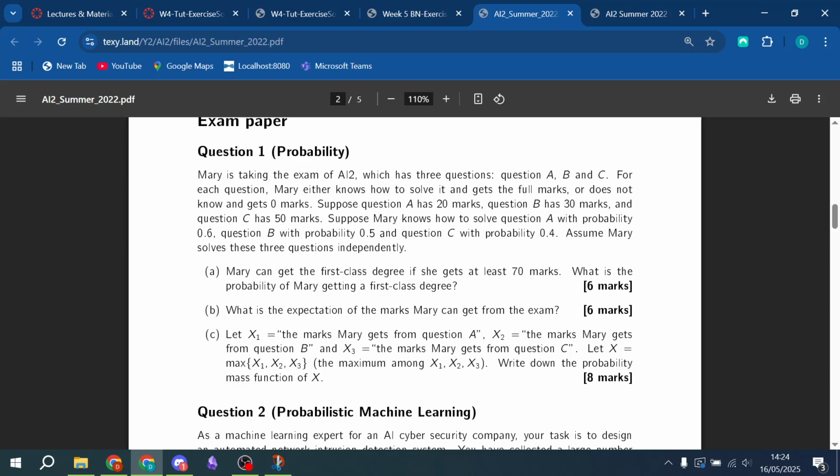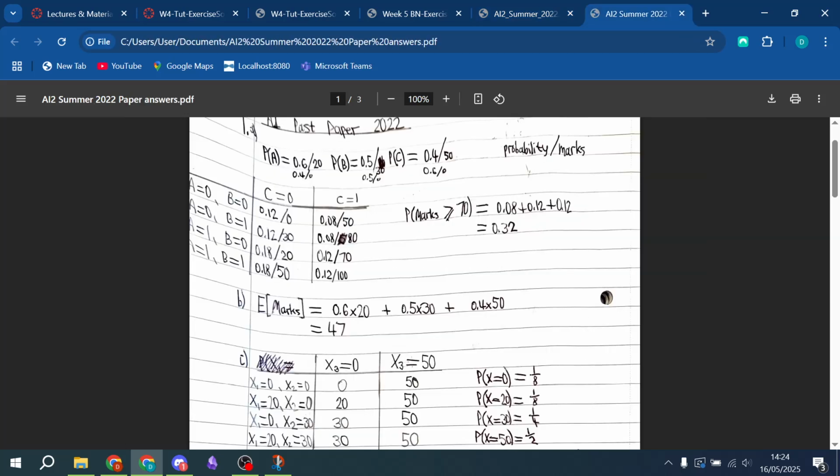So the probability of getting 30 as the maximum is just the probability of getting B right and C wrong, regardless of A, which is this one here and this one here. I'm sorry I've written this out in a stupid way, but then you take these and add them up. So 0.18 plus 0.12 is 0.3 for that one.